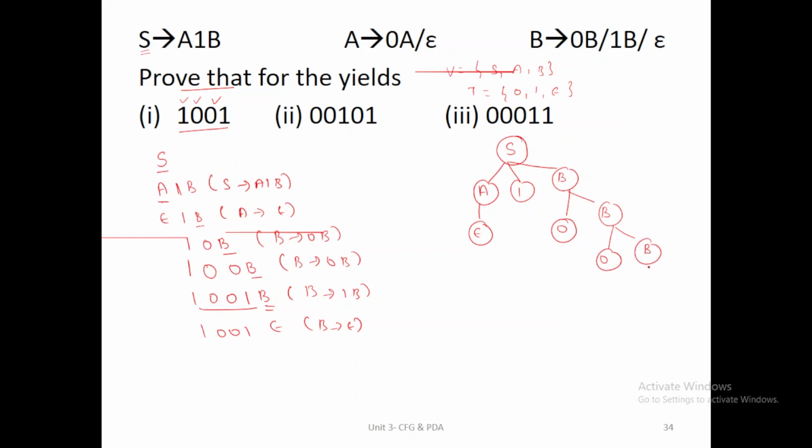In the sixth step, B will be replaced as 1B, and in the last step, that B will be replaced as epsilon. So consider all the leaf nodes of the parse tree from left to right. If I concatenate all the leaf nodes from left to right, the string is derived. So this is the proof for the yield. In this manner, you try for the strings 00101 and 00011 for the same grammar.